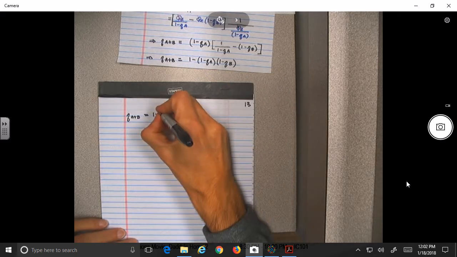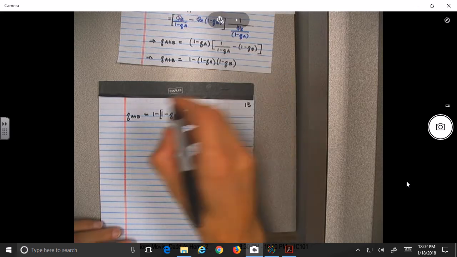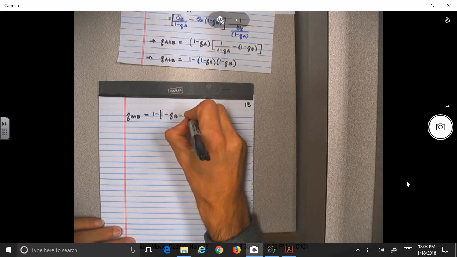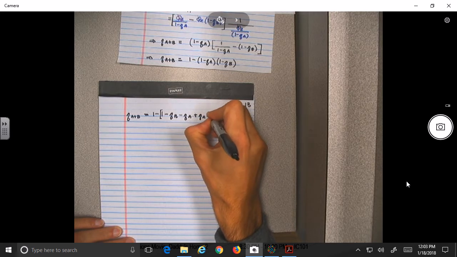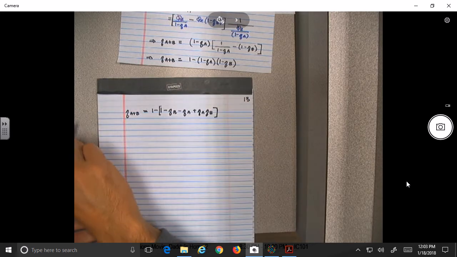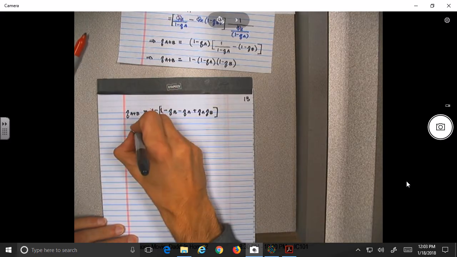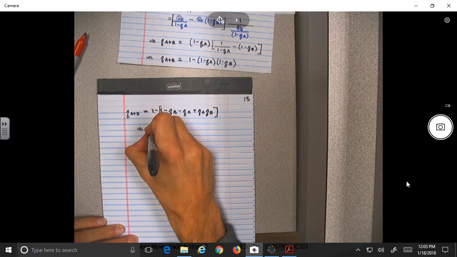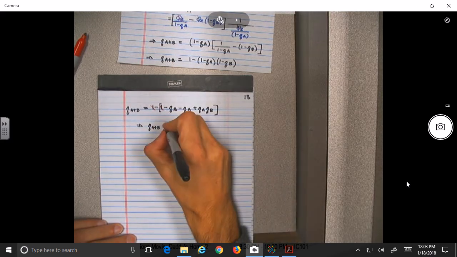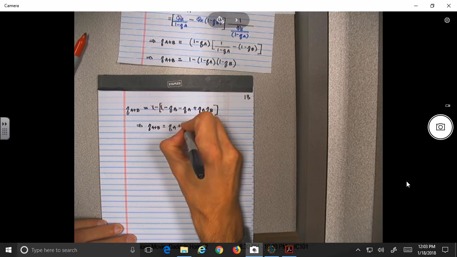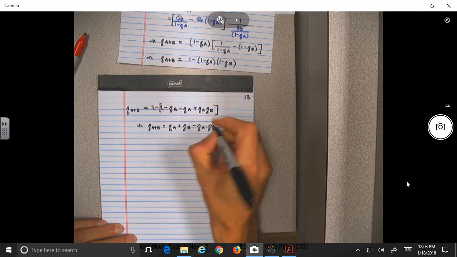Let's just do it this way. So 1 minus 1 minus eta sub B minus eta sub A plus eta sub A eta sub B. So at the end, this one cancels out. So we get that efficiency is equal to what? Efficiency of A plus efficiency of the circular power cycle minus the product of both of them.